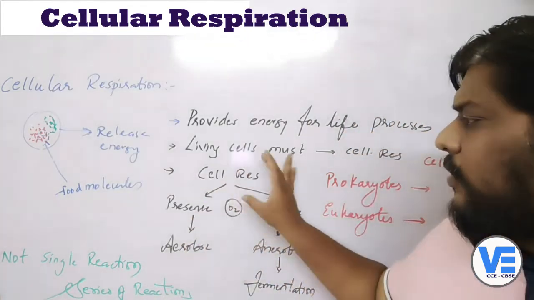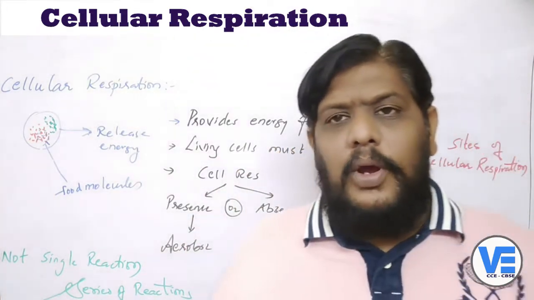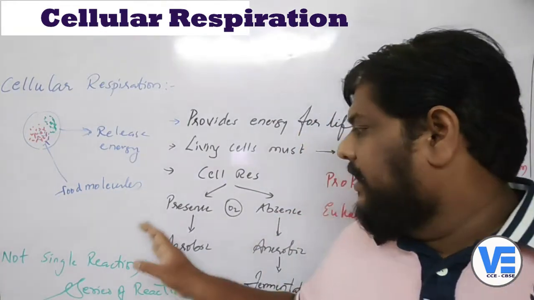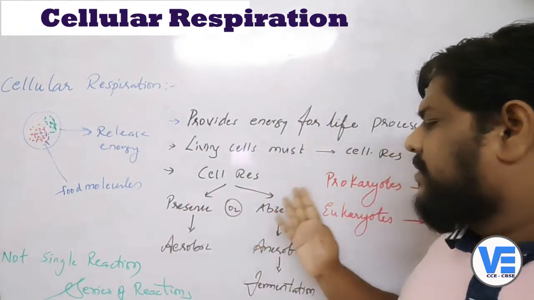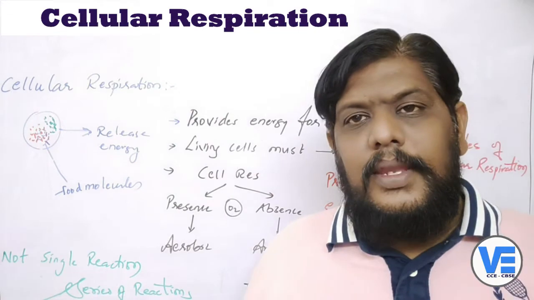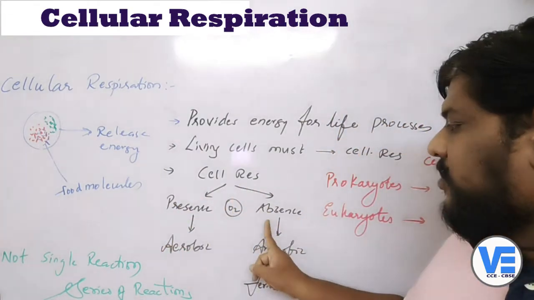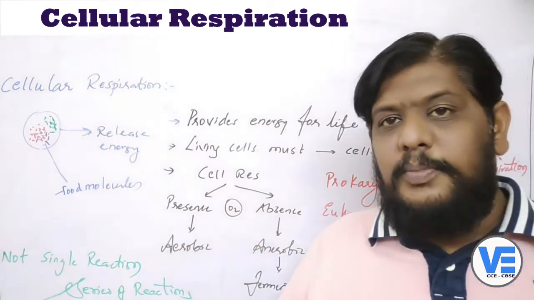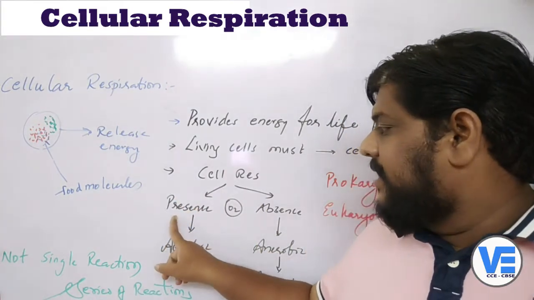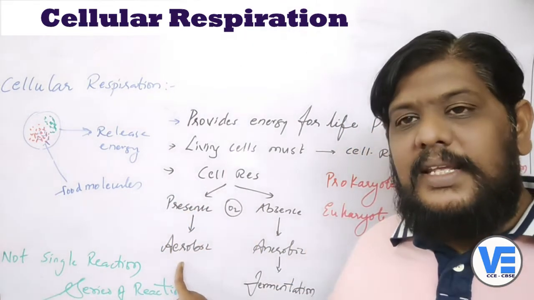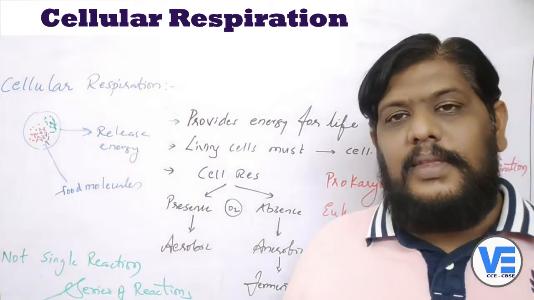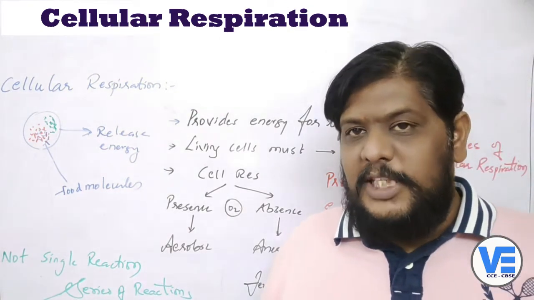Now this cellular respiration is a process which can take place in the presence of oxygen or in the absence of oxygen also. Cellular respiration, if it is taking place in the presence of oxygen, we call it aerobic respiration. What do you call it? Aerobic respiration.